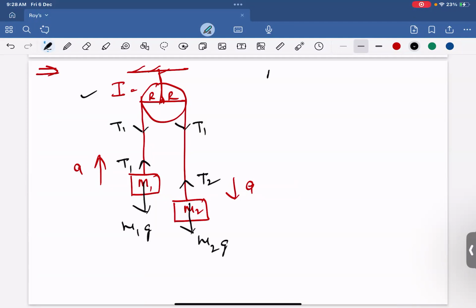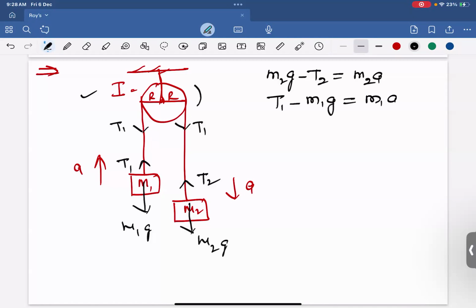M2 is going down, so the equation will be M2g minus T2 equals M2a. M1 is going up, so T1 minus M1g equals M1a. And for the pulley, there are two torques.